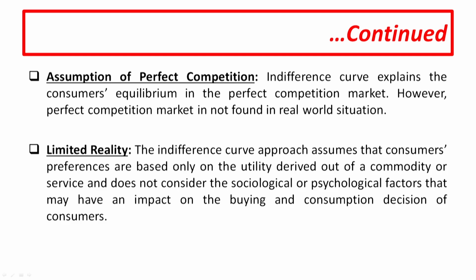Assumption of perfect competition. As per this theory, it assumes there should be perfect competition in the market where each and every consumer knows everything about the market, about the product, about the prices, about the various substitutes available in the market. That means the consumer has perfect knowledge about the market.